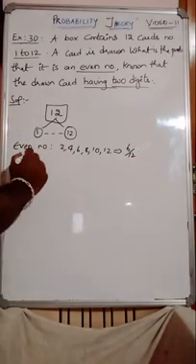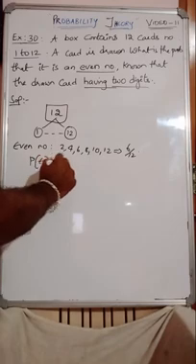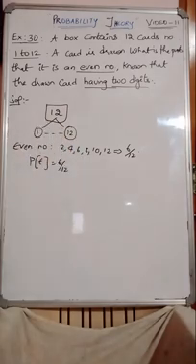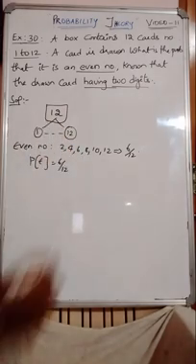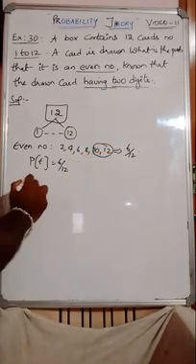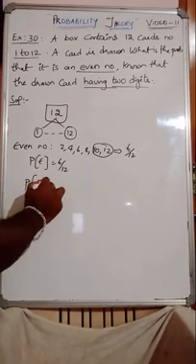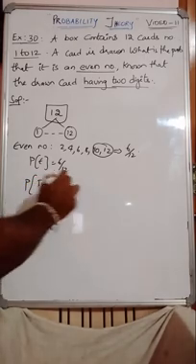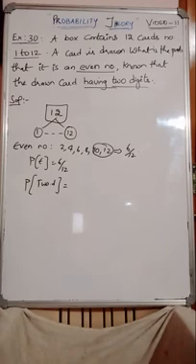Probability of getting an even number is 6 by 12. Next, known that the drawn card has 2 digits. 2-digit cards were only these, 10 and 12. Therefore, 2-digit cards, how many will be there? 2-digit cards, that too even.